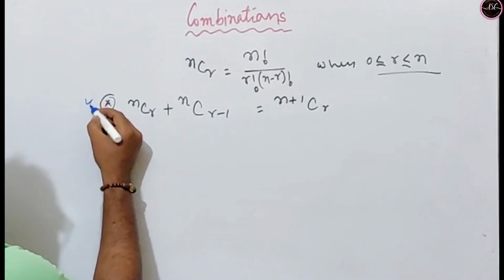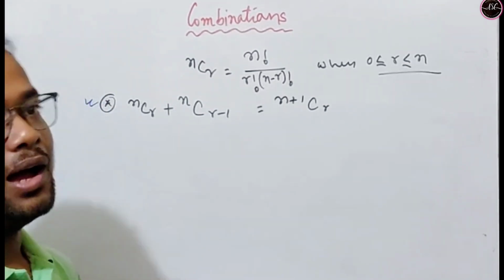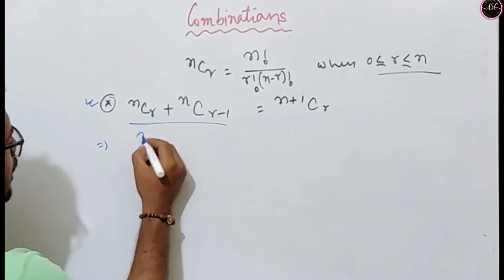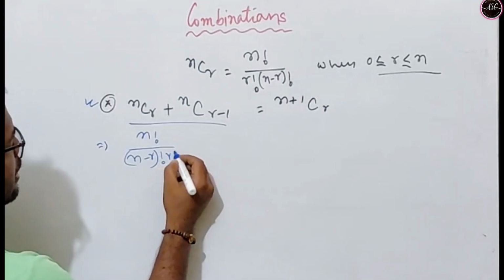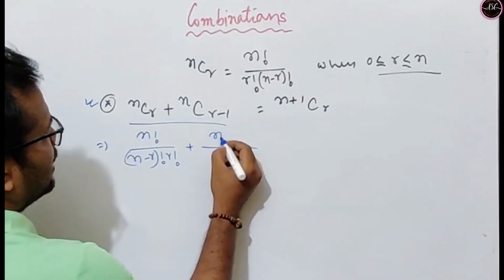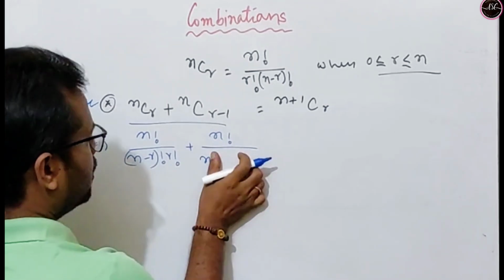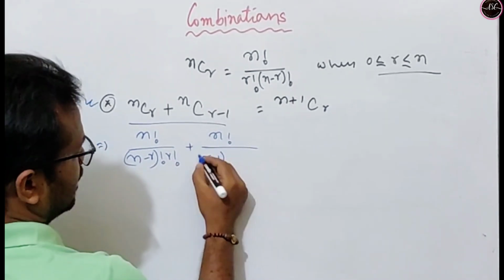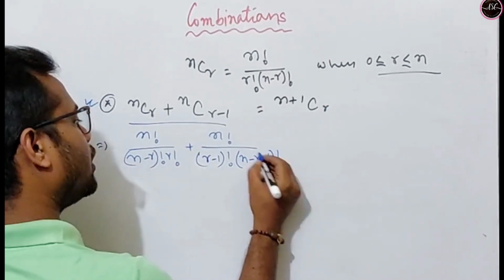This is a theorem: nCr plus nC(r minus 1) equal to (n plus 1)Cr. Just solve this. Apply the formula: n factorial divided by (n minus r) factorial into r factorial plus n factorial divided by (r minus 1) factorial into (n minus r plus 1) factorial.